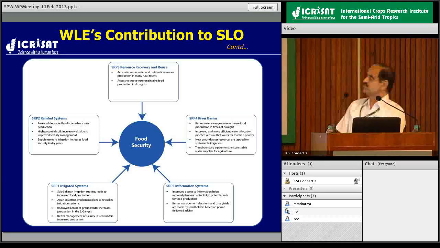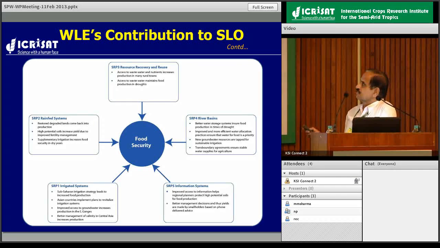For food security, in case of rain-fed systems, the main hypothesis is that there are large yield gaps, and it is possible to sustainably intensify these rain-fed systems and achieve food security, and that is where it will contribute to food security, as well as in case of resource recovery.